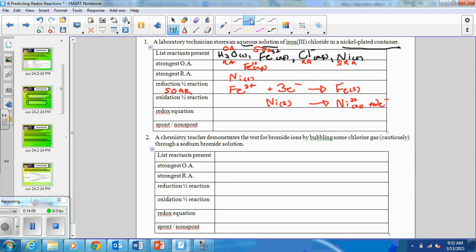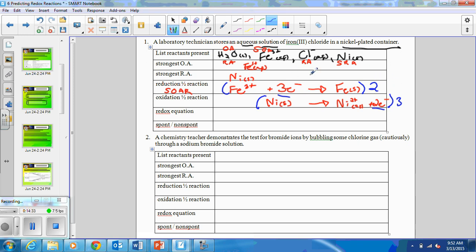So before I can determine my net redox, I have to do a little work so that the electrons will cancel out. So here I've got 3 and here I've got 2. So in order to cancel these, I have to make them both the lowest common multiple, which is 6. So I'm going to times this one by 3, and I'm going to times this one by 2. This should allow me to cancel out the electrons.